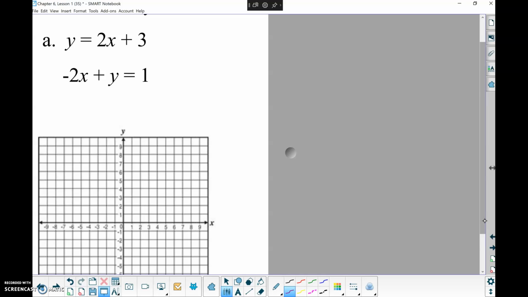All right, so y equals 2x plus 3. If I follow that pattern from the last problem, 3 is my y-intercept. Slope of 2, I rise 2, run 1, rise 2, run 1, and I can do that often.